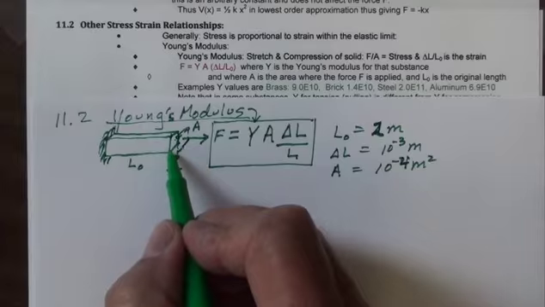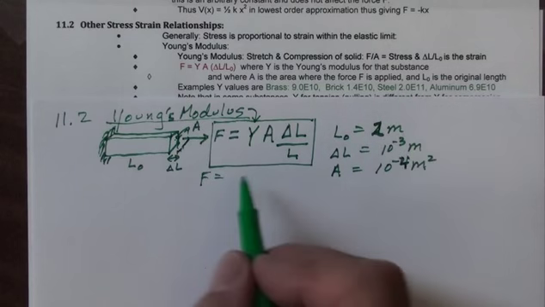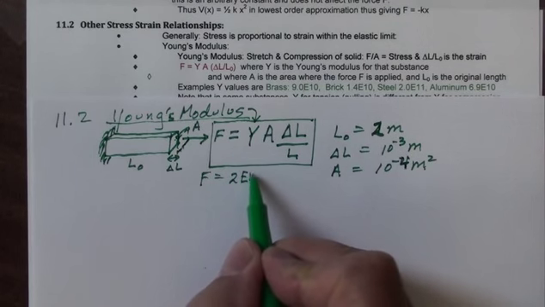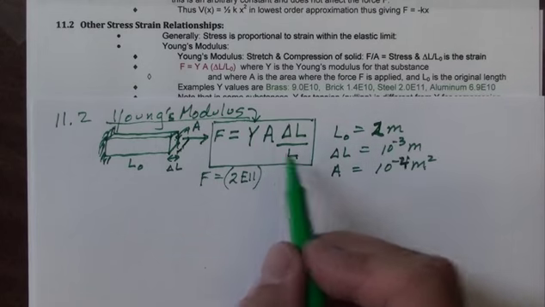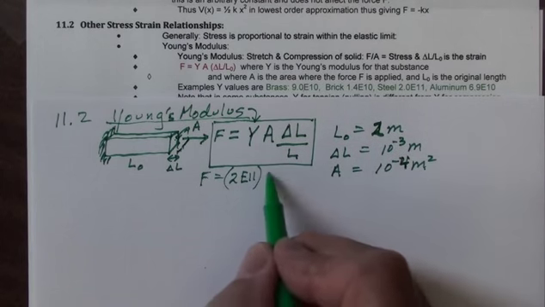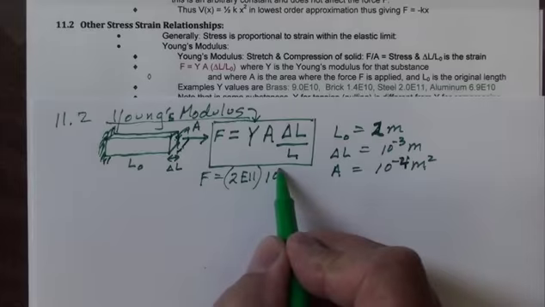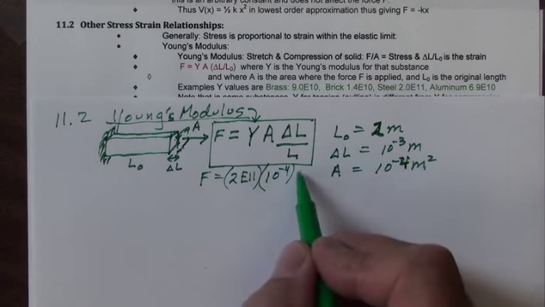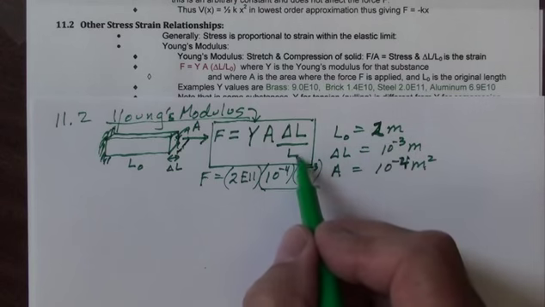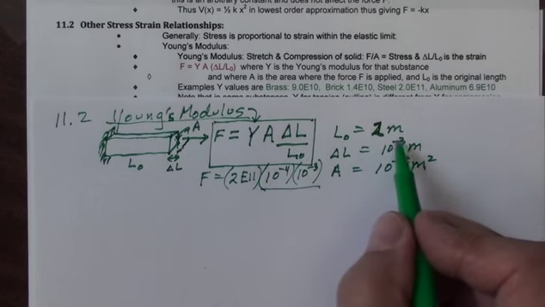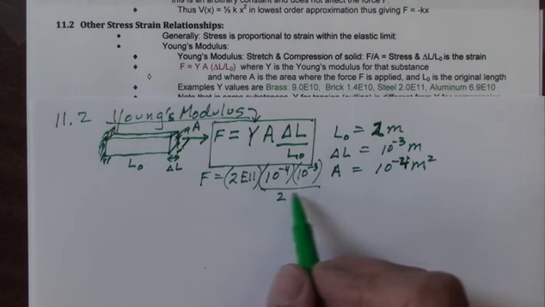Now, what would our force be? The force would be, for steel, 2 e to the 11th for Young's modulus, times the area, 10 to the minus 4, times the length we're going to extend it, 10 to the minus 3, and we're going to divide by our length L0 here, which is 2 meters.